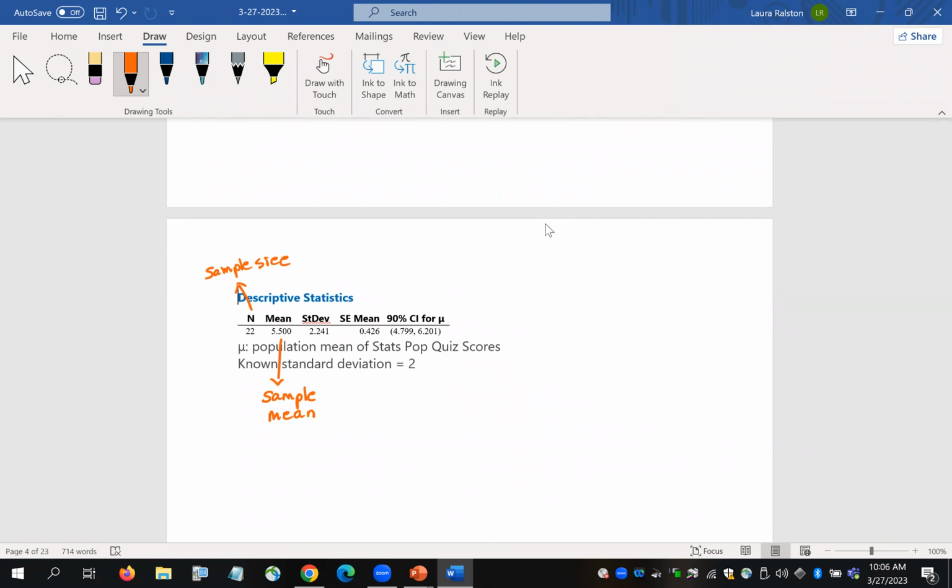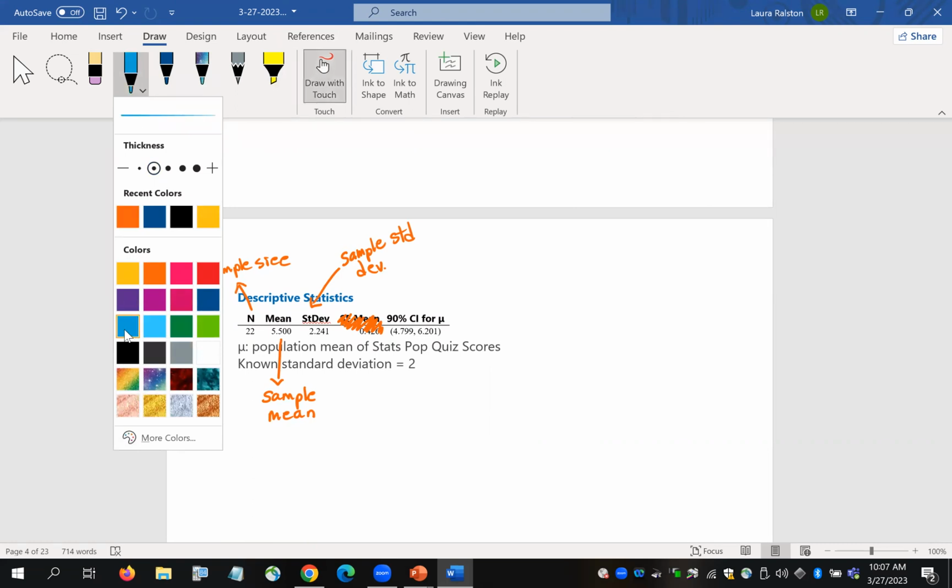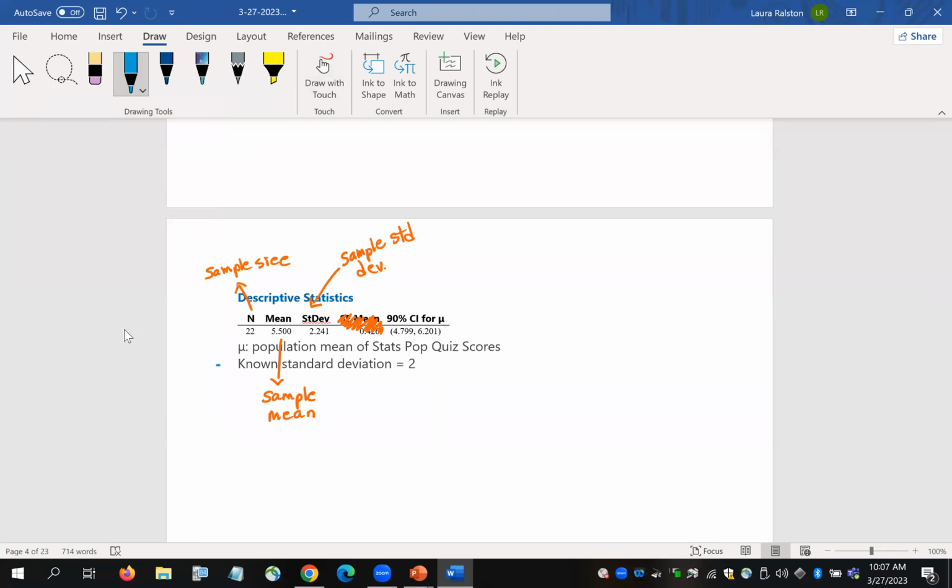It also gives us, we don't need it, but it gives us the sample standard deviation. It calculates it. I don't need it, but it's calculated it. We don't need the SE mean. And we also still have that known standard deviation. We have our population standard deviation.